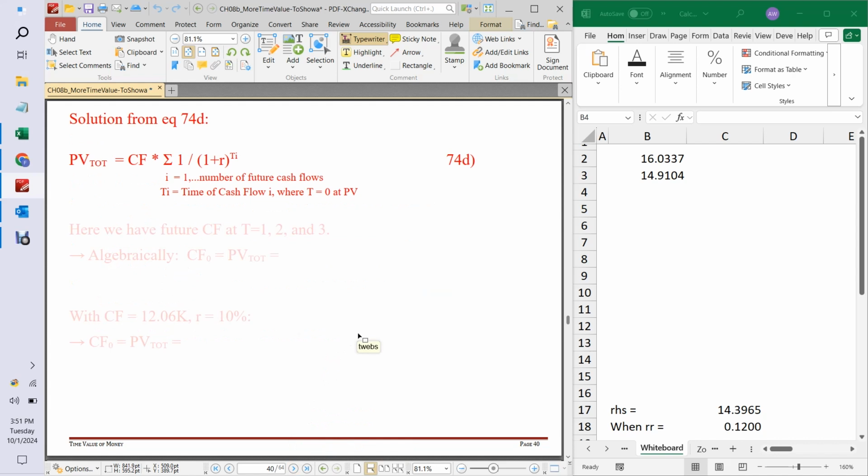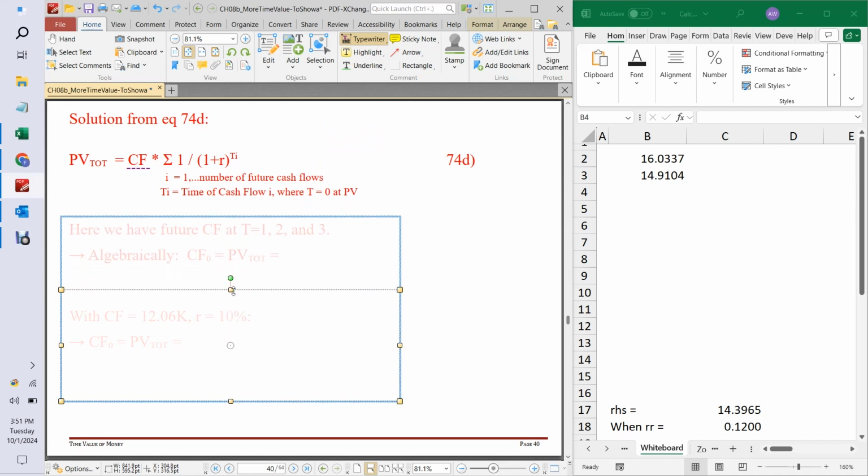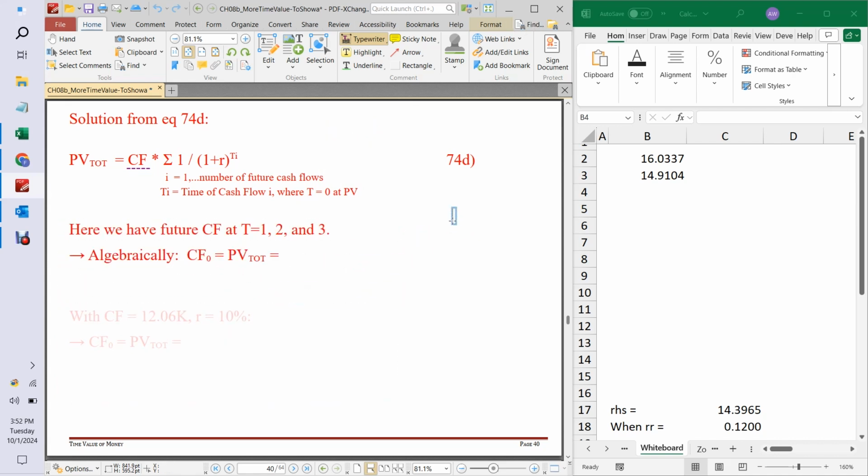All right, so let's solve this using both equations 74D and 74E. 74D, remember, is just our slightly modified version of the fundamental discounting equation. We know the future cash flows, 1, 2, and 3, and we know the interest rate. We also know that R is equal to 10%.